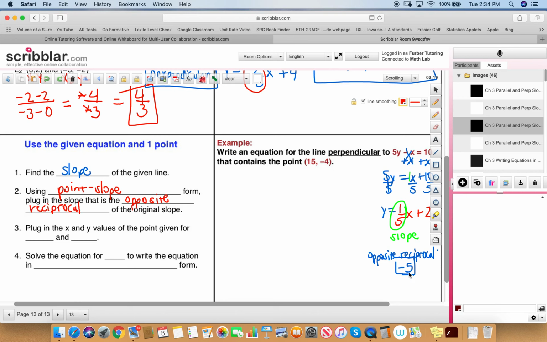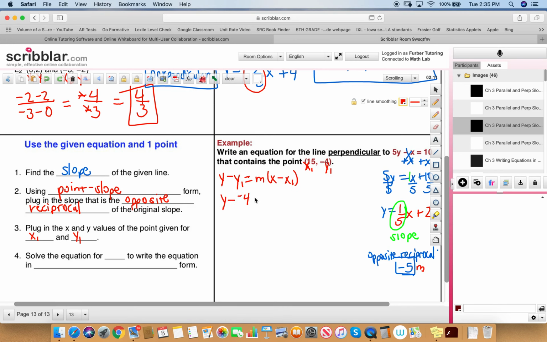We've already found that. We know it's going to be negative 5. The x and y values are going to get plugged in for x1, y1. So again, this is our x1, y1, and that's our m. y minus y1 equals m times x minus x1.